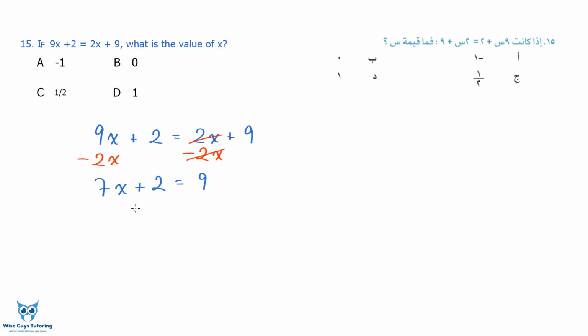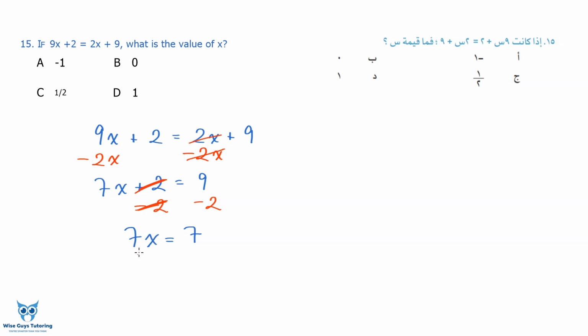Since he's a positive 2, what I'm going to do is subtract 2. Jealous side says me too, and he gets a negative 2 also. So positive 2 minus 2, again, that's just 0. That cancels out. What I have remaining on the left side is 7x, and on the right I have 9 minus 2, and that's 7. Now for the final step, we've seen this before. 7 times x.